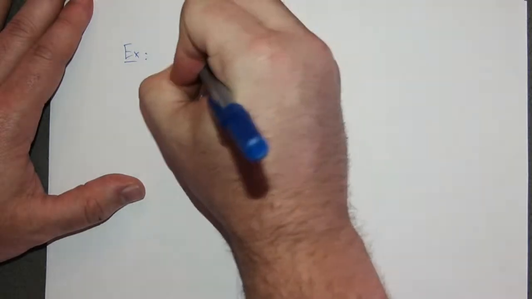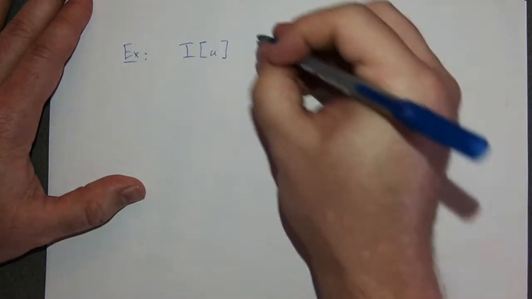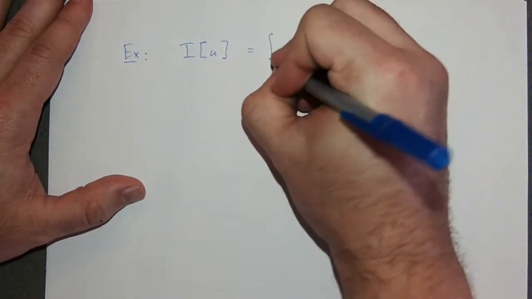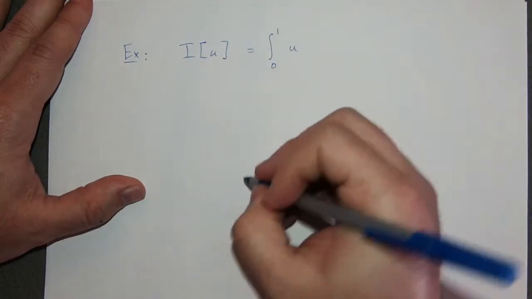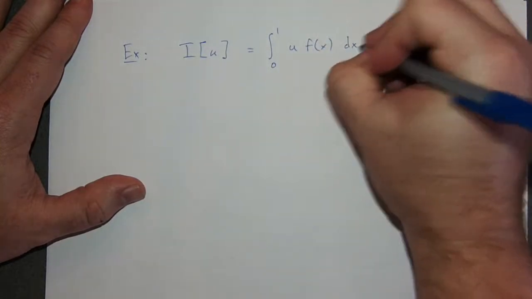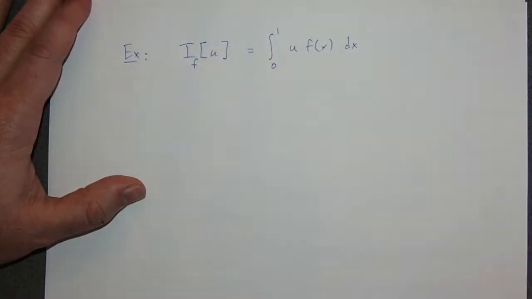What's an example of a functional? I'm going to give the functional and write it as I of u, the integral from, say, 0 to 1 of u times f of x dx, where f is some fixed function that this integral depends on.